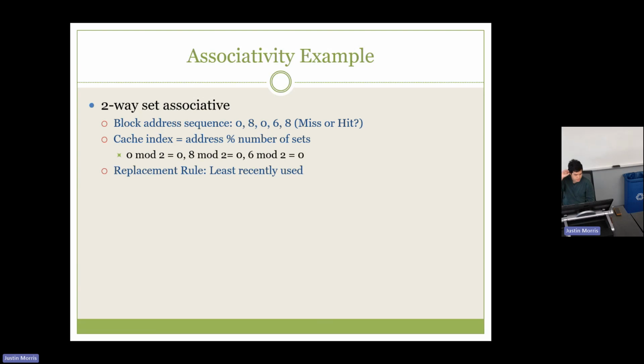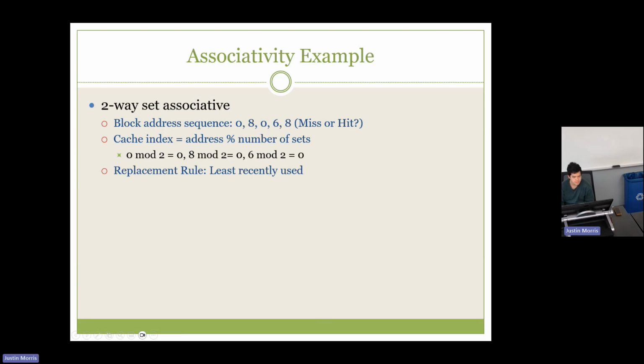So two-way set associative. Now the way that we're going to get our cache index is we're going to take our block address modulus the number of sets. Okay. I now have 2 sets, right?